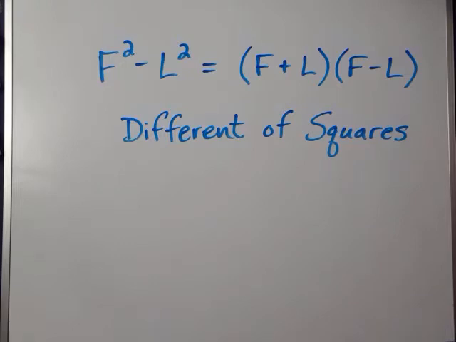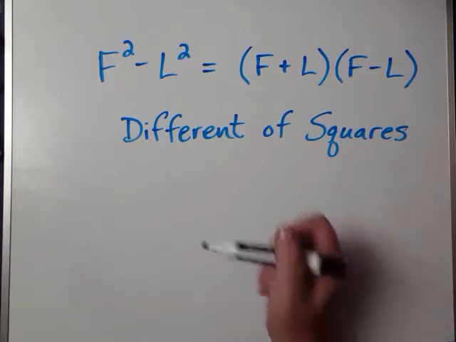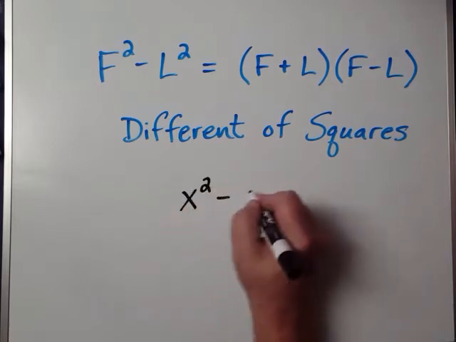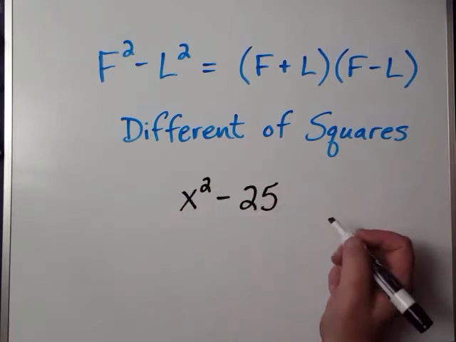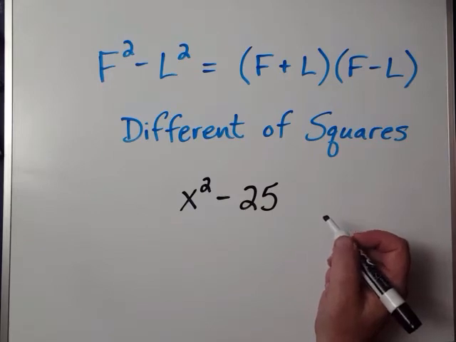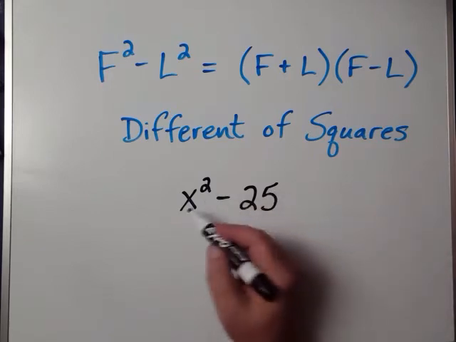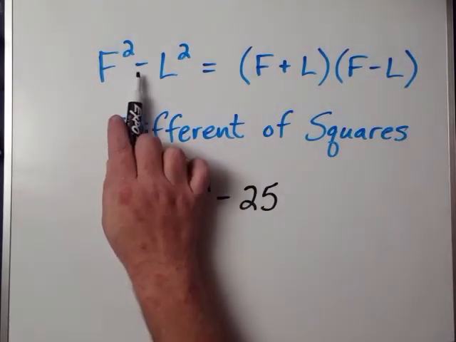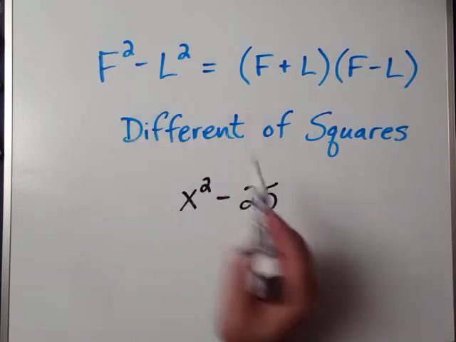And it's very simple. If I see a difference of squares, let's say x squared minus 25. When I see this binomial, one thing I'm going to check for is, is this a difference of squares? Does it look like this?